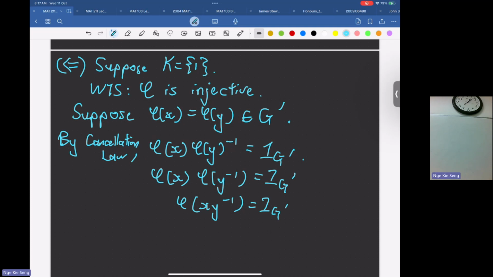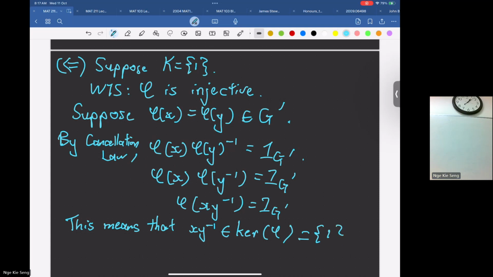In particular, what does this mean? This means that x y inverse is in the kernel of phi. But what's the kernel of phi? It's just 1. What's the only thing in there?